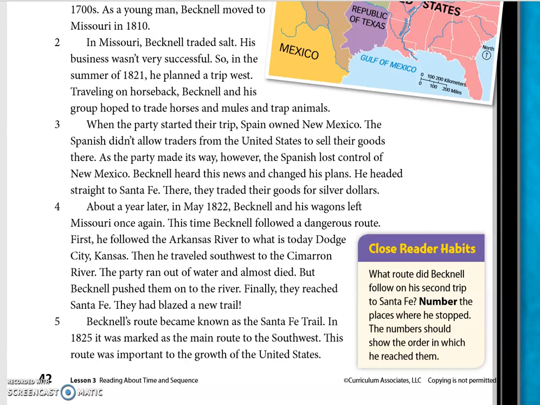First, he followed the Arkansas River to what is today Dodge City, Kansas. Underline, first, he followed the Arkansas River to what is today Dodge City, Kansas. Put a tiny 1 beside that first thing.